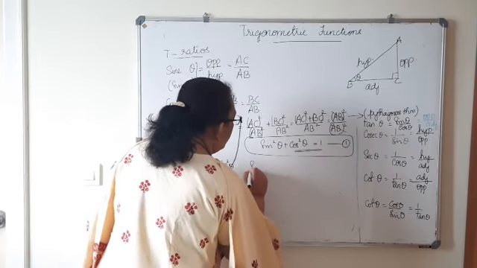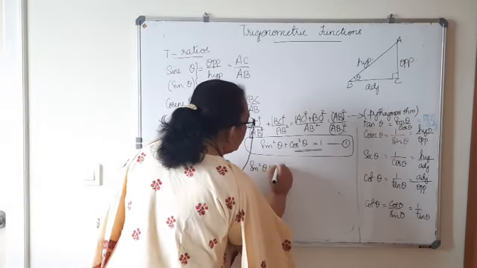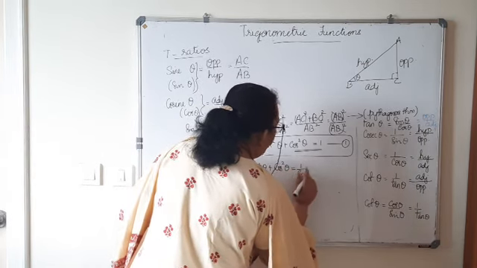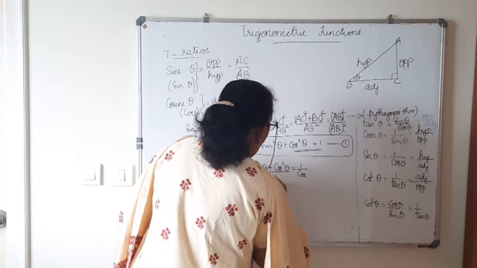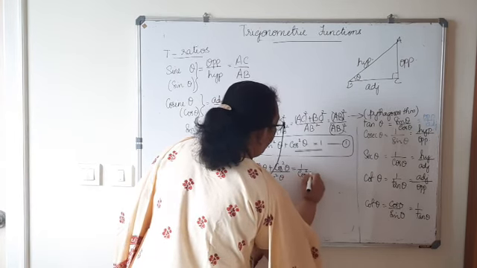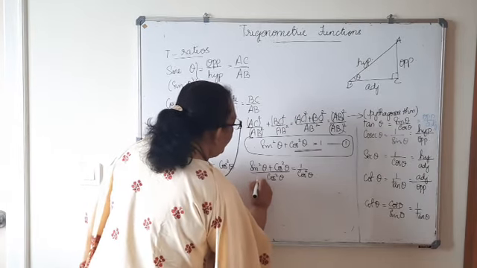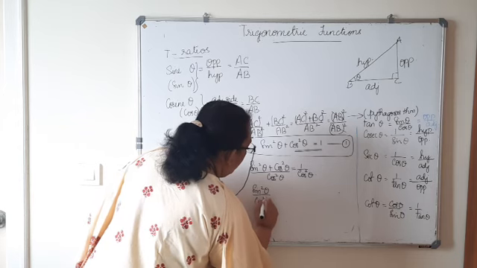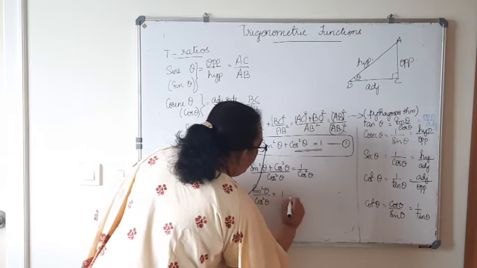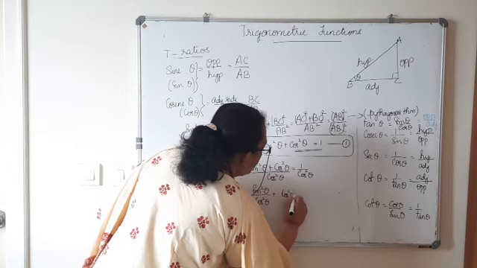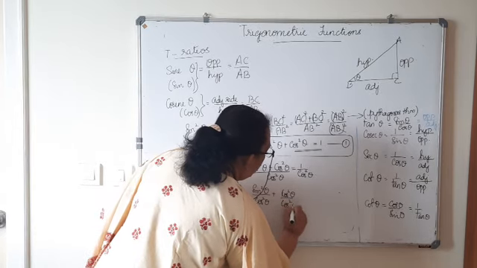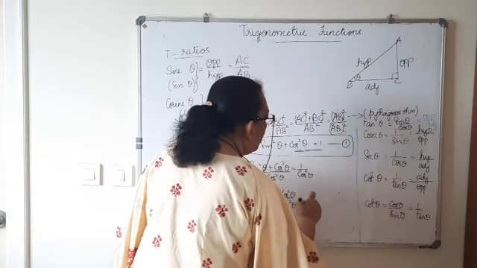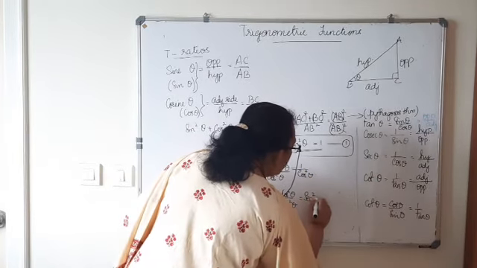Sin square theta plus cos square theta is equal to 1, divided by cos square theta: sin square theta by cos square theta plus cos square theta by cos square theta is equal to 1 by cos square theta. 1 by cos theta is equal to sec theta, so 1 by cos square theta is equal to sec square theta.